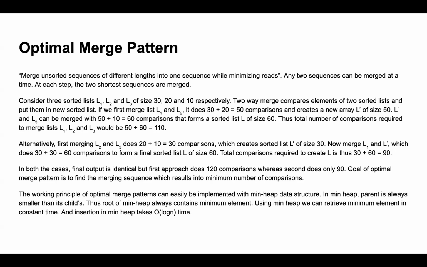In a min heap, the parent is always smaller than its child, so the root of the heap will always contain the minimum, the smallest element.